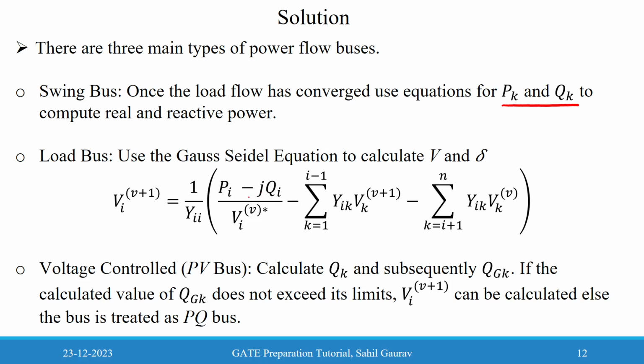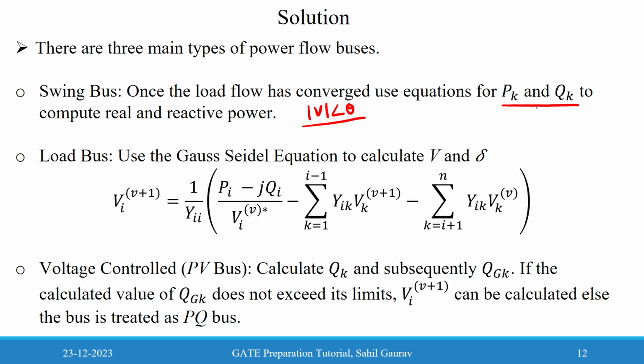For the load bus, you directly apply the power balance expressions, and from there you find the voltage magnitude and angle at the buses. For the swing bus, the voltage magnitude and angle are both already given, so you don't need to apply these expressions.